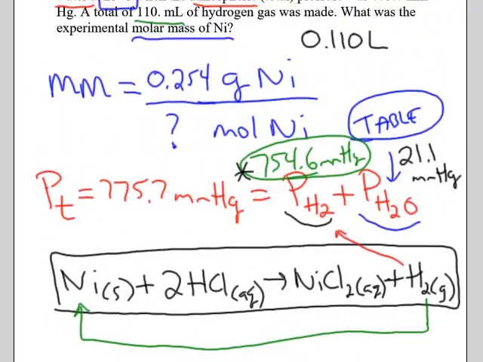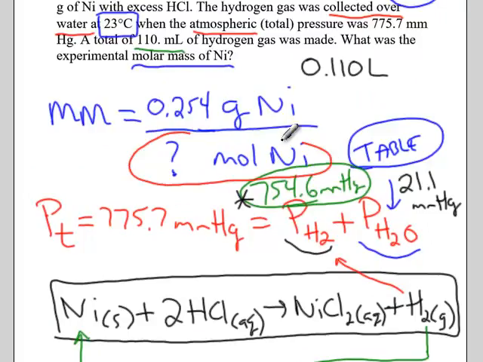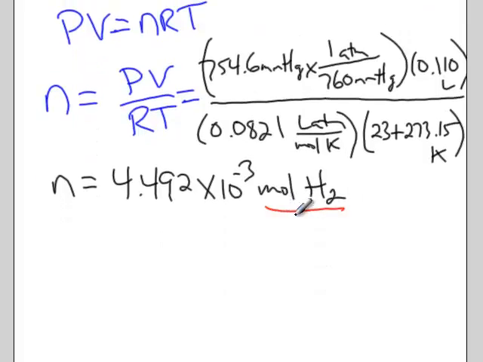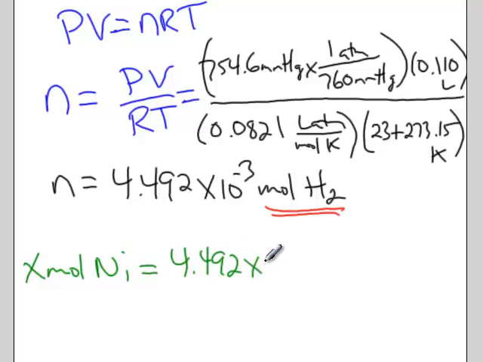Now we have the denominator we need, but this is moles of hydrogen, so we don't really have moles of nickel. So we have to use stoichiometry to figure out how many moles of nickel had to react to produce 4.492 times 10 to the negative 3 moles of hydrogen.